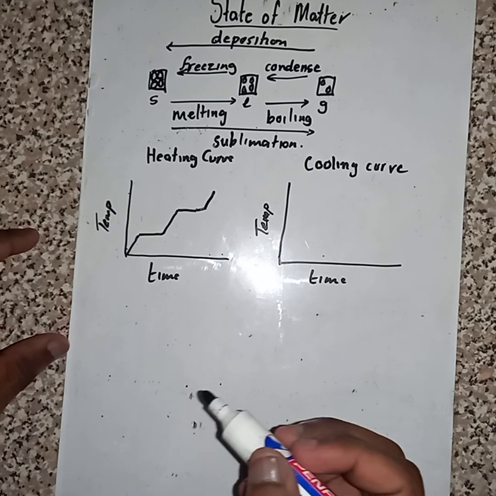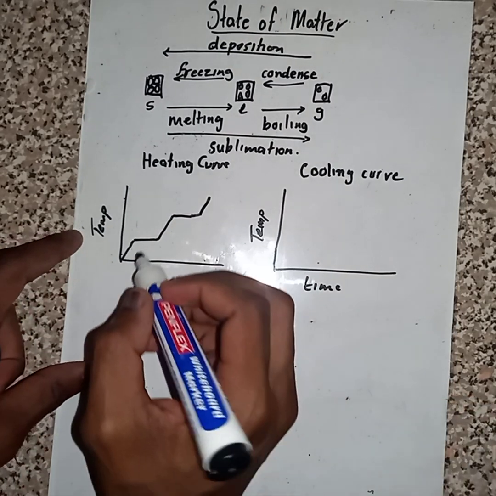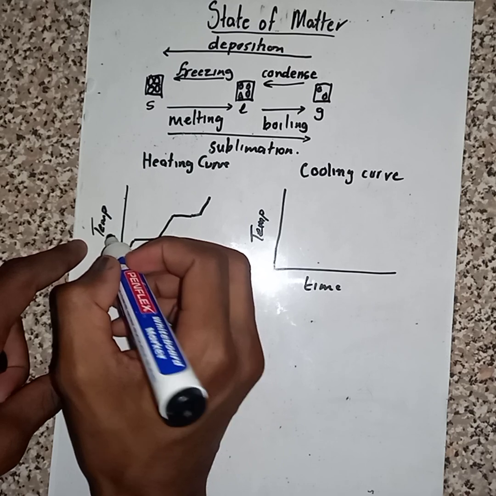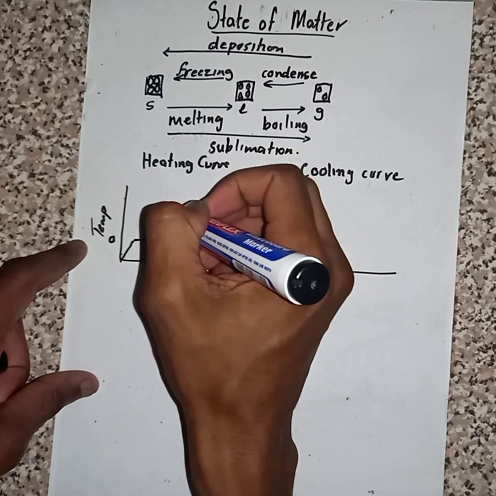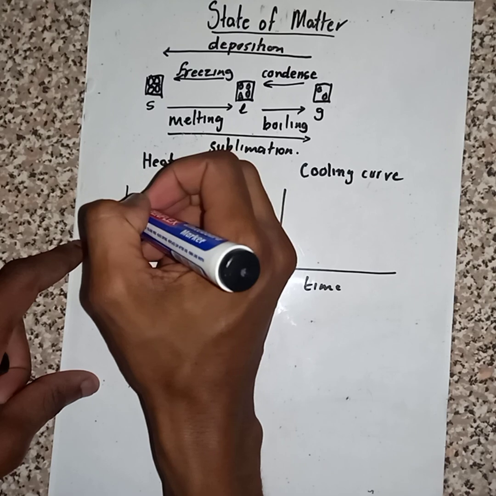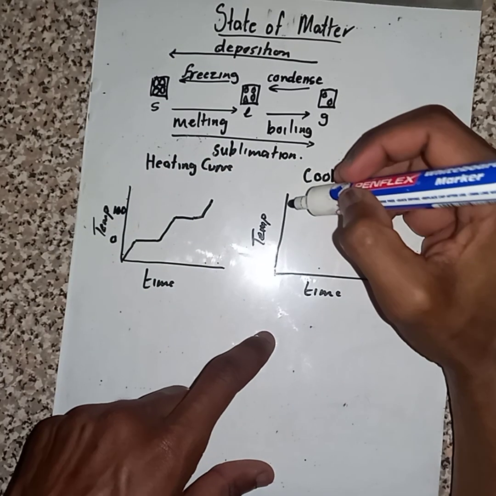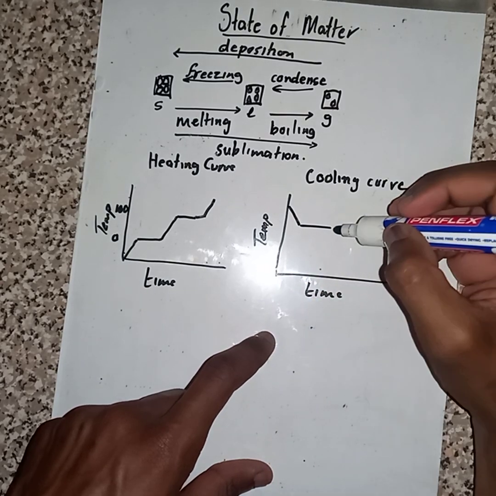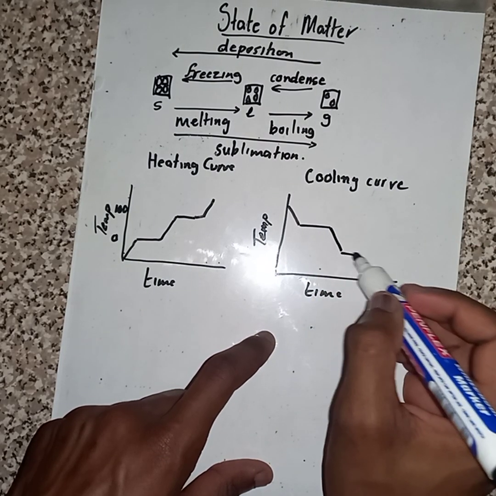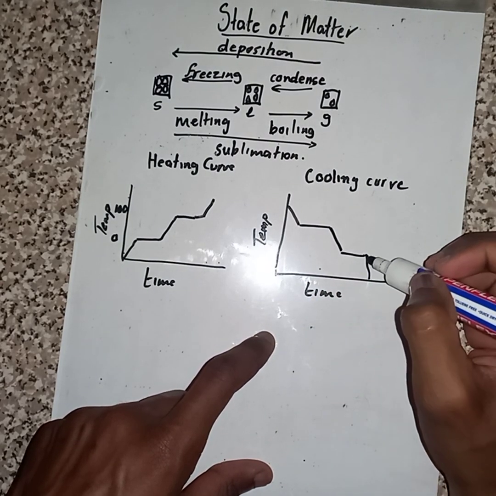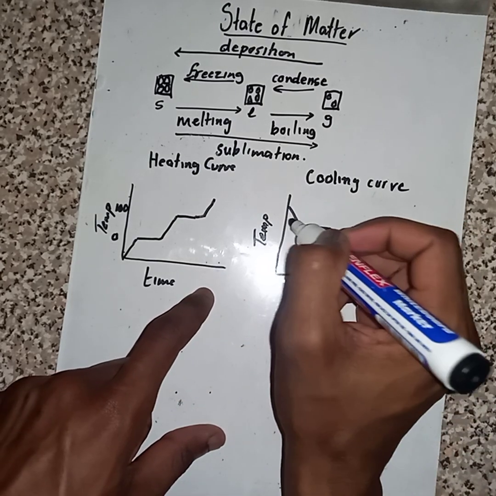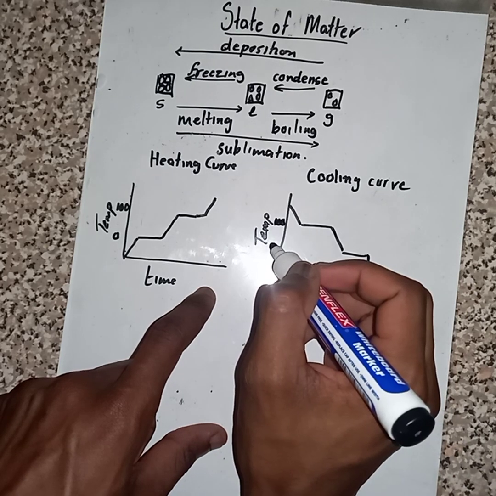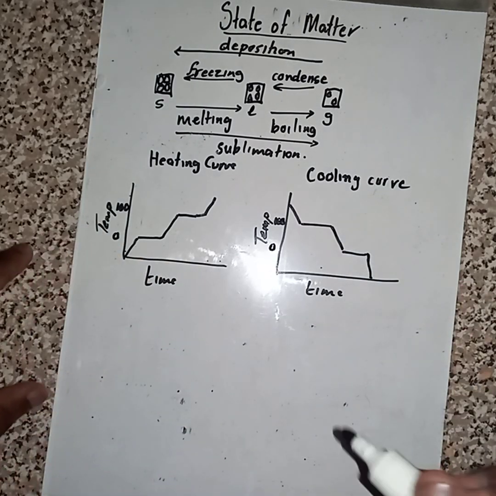I hope you can see. Suppose here is 0 degrees Celsius, somewhere here it's 100. Then let me draw a cooling curve. Let's say somewhere here is 100 degrees and somewhere here is 0 degrees.